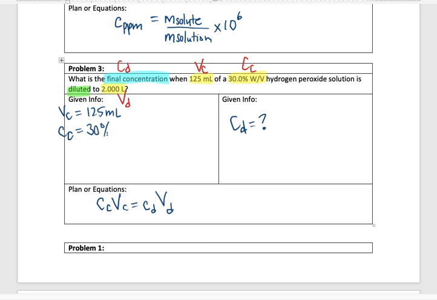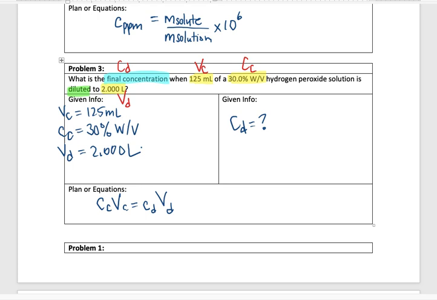We start the solution with this concentration and then water it down to a final volume of 2 liters. So we found the information we need and what we need to find. It's a little bit of tweaking before we roll into the question.